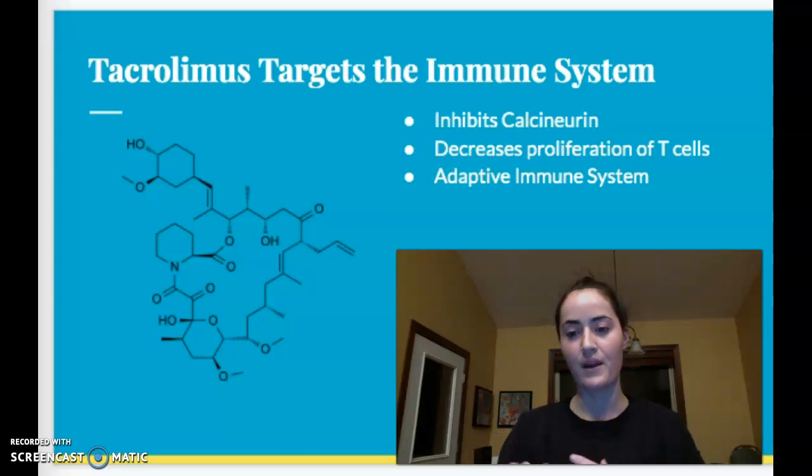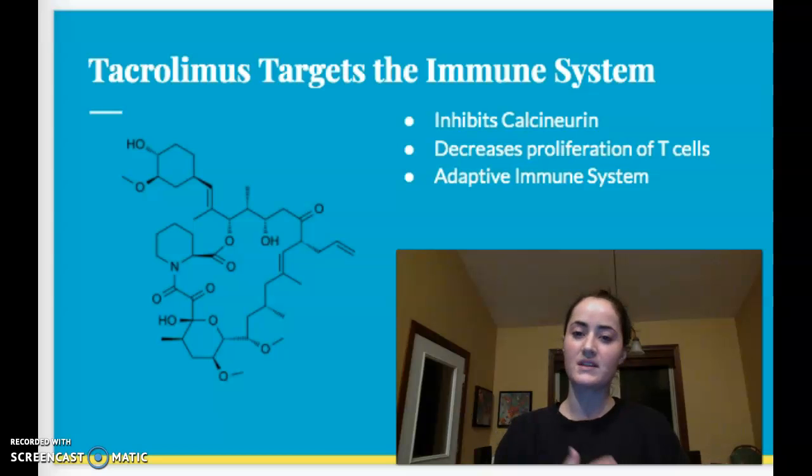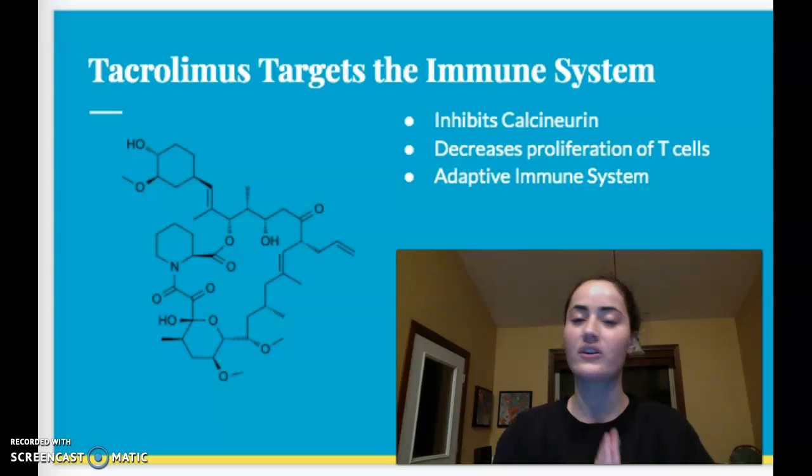That's how they operate, and both of those groups of cells are part of the adaptive immune system. So, like I said, tacrolimus is really going to focus on decreasing the proliferation of T cells.